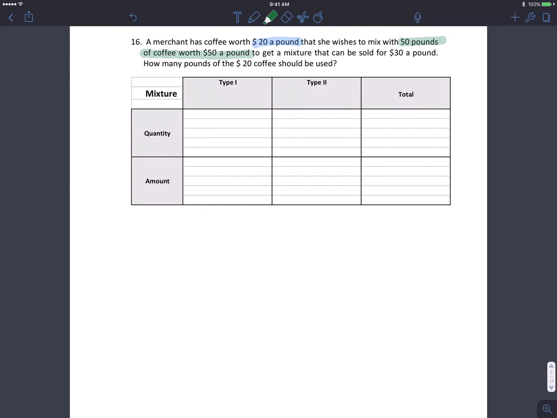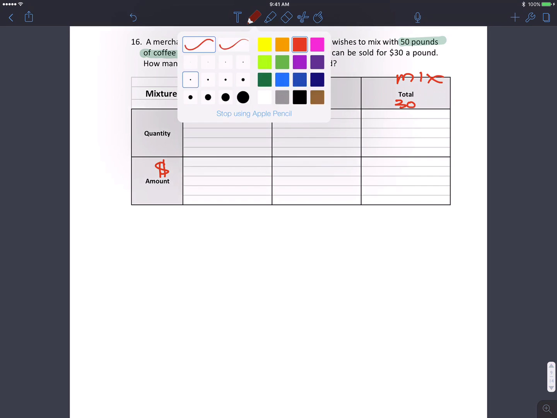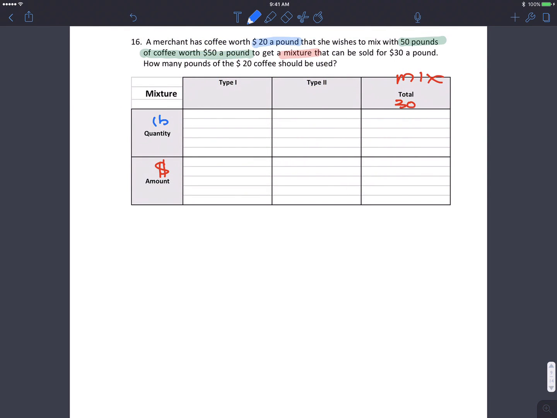Now, she wants to obtain here a mixture. Over here. She wants to get a mixture that can be sold for $30 a pound. Now, I'm going to put this here for $30 a pound. Remember, this is my amount here, and over here I have my pounds, LBS.